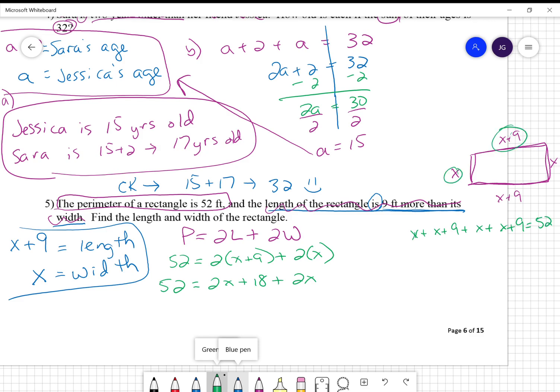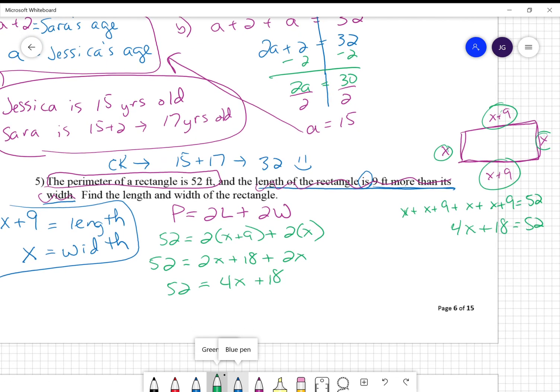X plus 9, X plus 9. Combining like terms, 1, 2, 3, 4X. Well, that's what I have here. 2X and 2X is 4X. So it doesn't matter which way you do it, with the formula or with a picture.